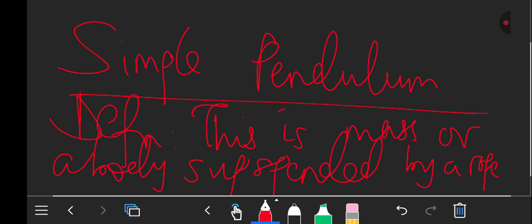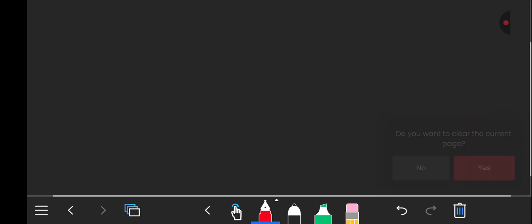It is just a bulb or a mass suspended by a rope or a string. That is what simple pendulum is.